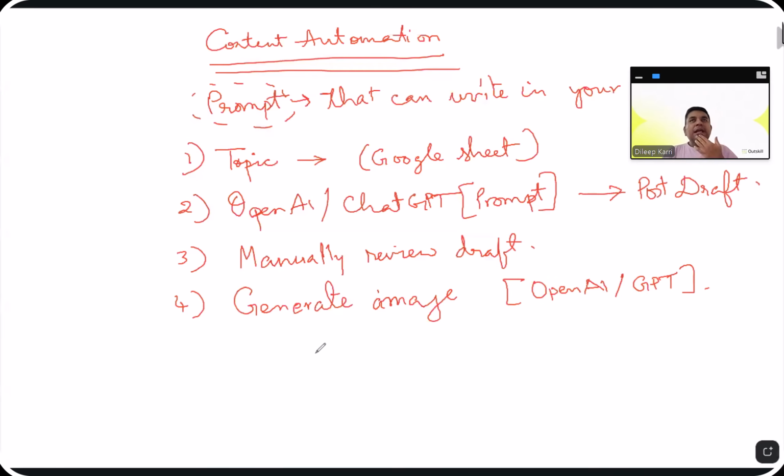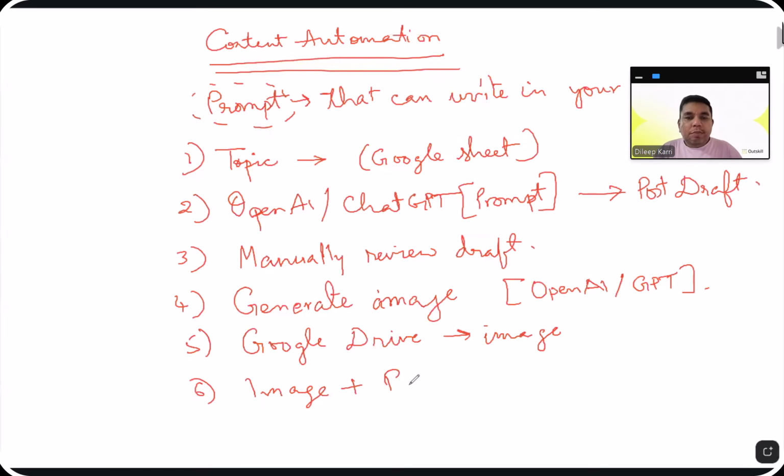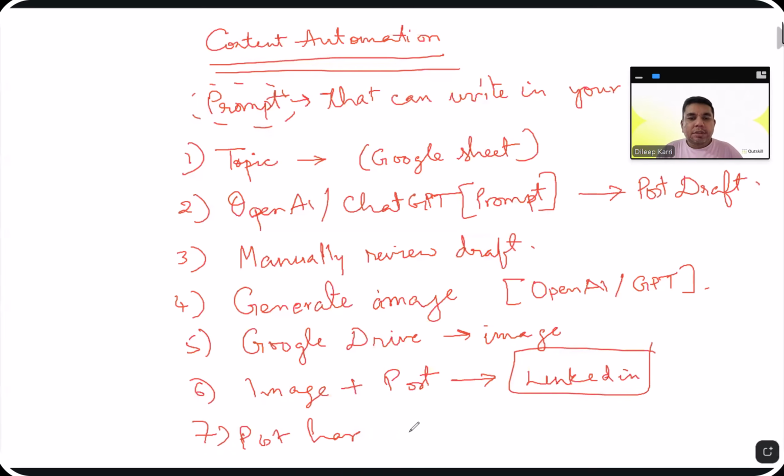Then finally, I will put this image in Google Drive, because I need to store all of my inventory in one place. Then this image plus the post, I will put on LinkedIn. And then finally, I will mark that the post has been published.